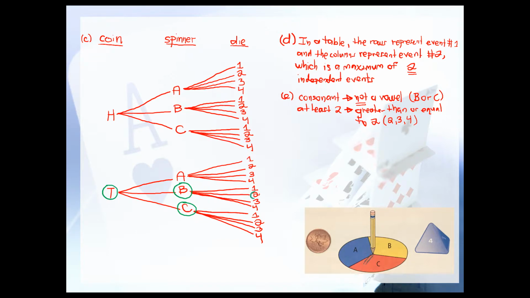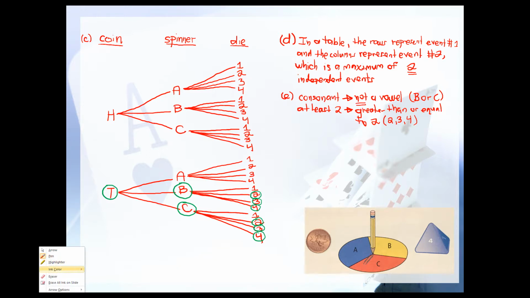So we can have 2, 3, or 4, 2, 3, or 4. So there would be 6 possibilities where you flip tails, roll a consonant, and get a number that is at least 2.